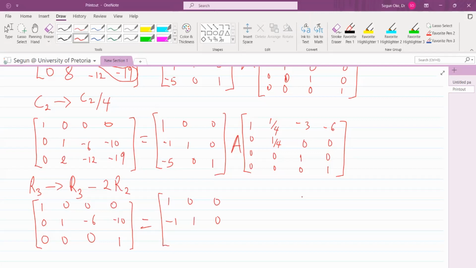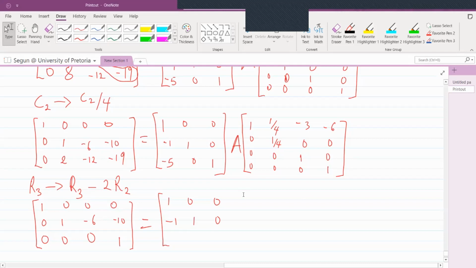No. So you won't touch row 1. Row 1 is not part of the matrix? No, it's not that row 1 is not part of the matrix, but it's not part of the operation at that particular time. Row 1 is good, but we are not using row 1 for this operation.